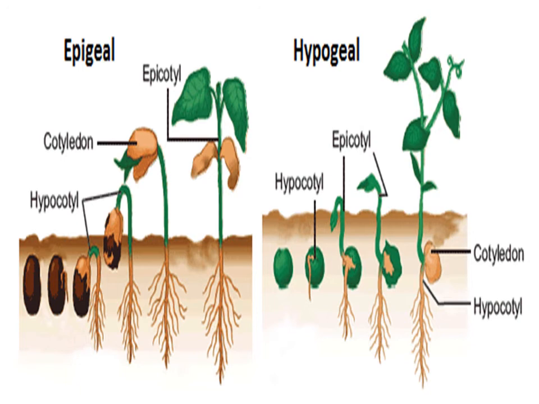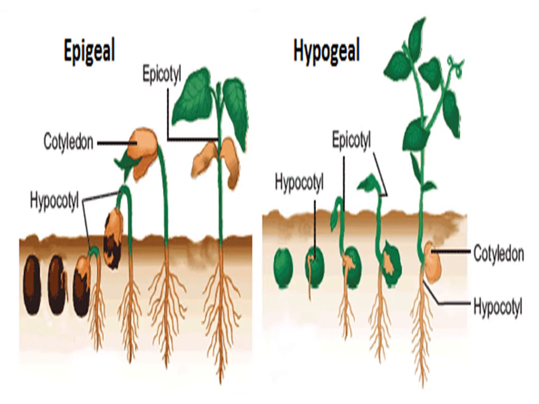Now I will discuss epigeal germination and hypogeal germination. Epi means upper and hypo means down. The germination which is above the ground is known as epigeal germination.